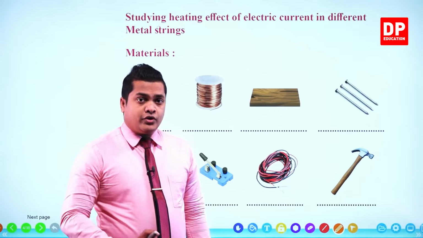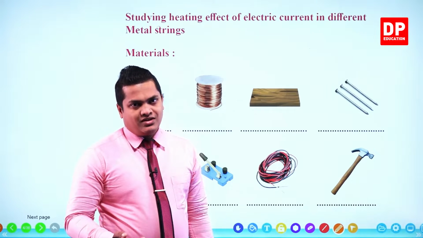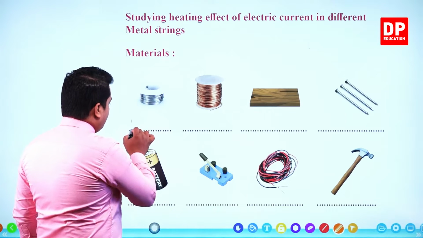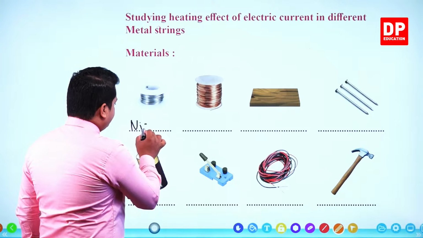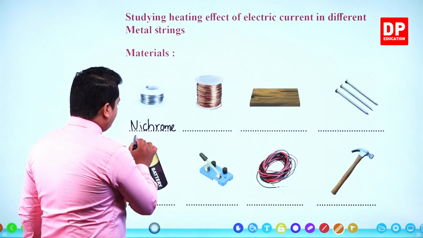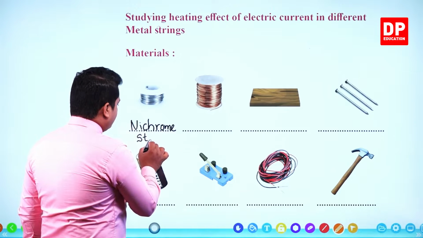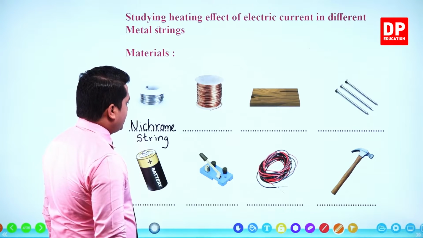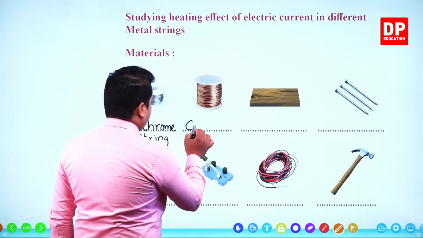So in order to do that, we'll be needing a copper string and a nichrome string. So we'll be needing, first of all, nichrome wire, or nichrome string. Then copper string.